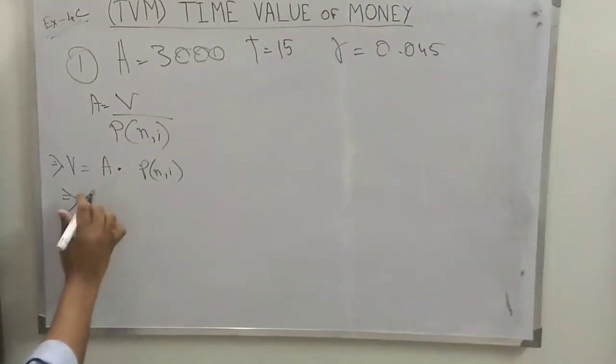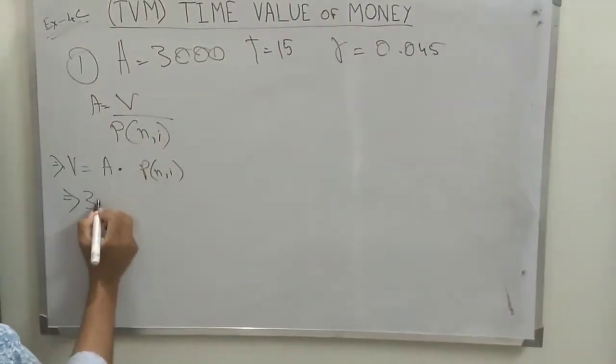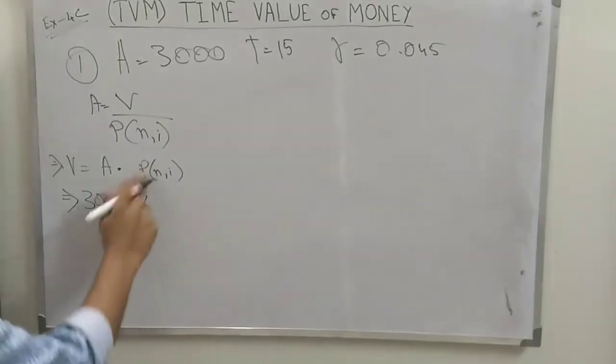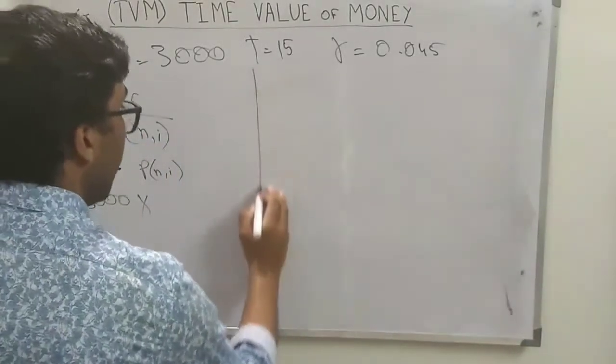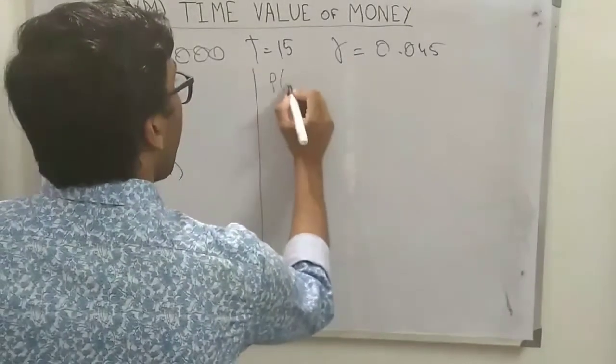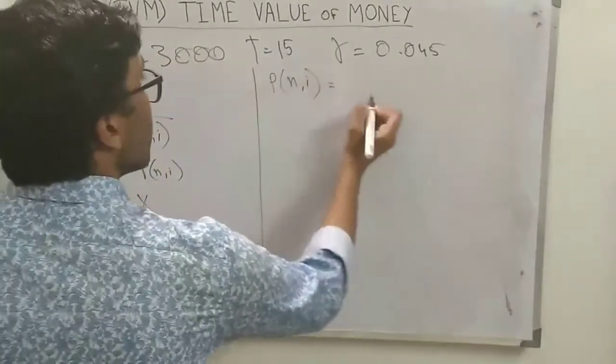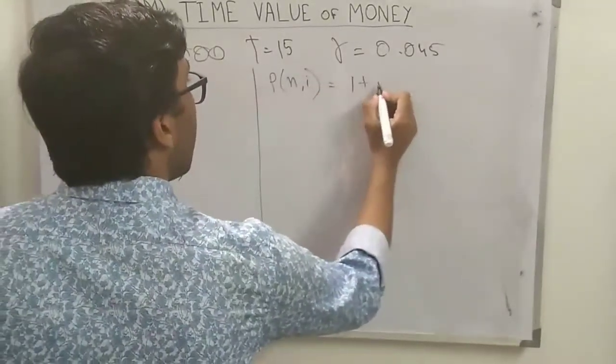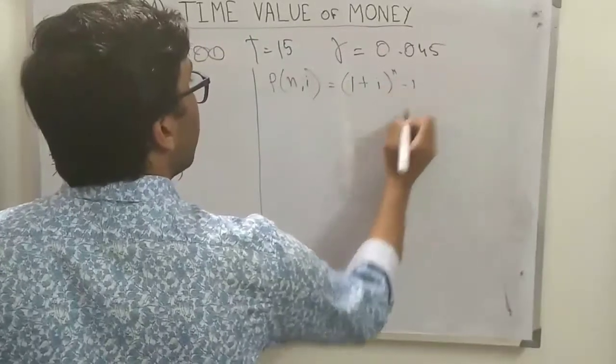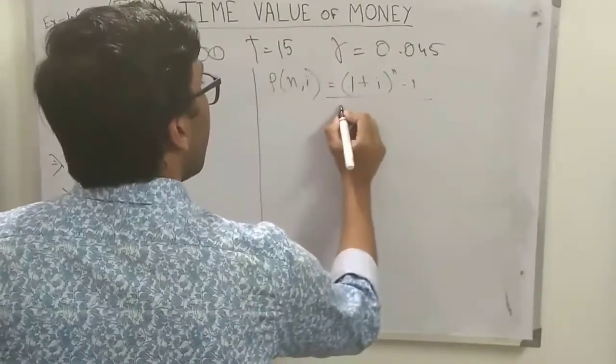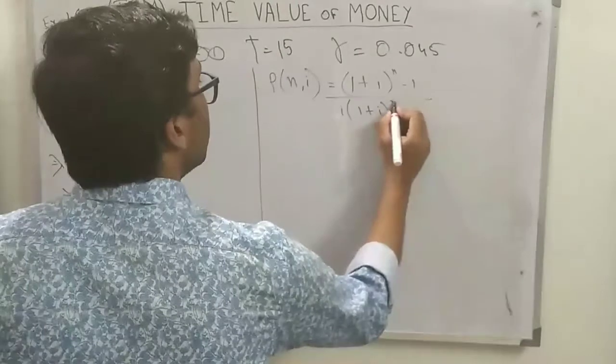Now A is 3000 into PNI. We have to calculate the value of PNI. The formula for that is 1 plus I to the power n minus 1 whole divided by I into 1 plus I to the power n.